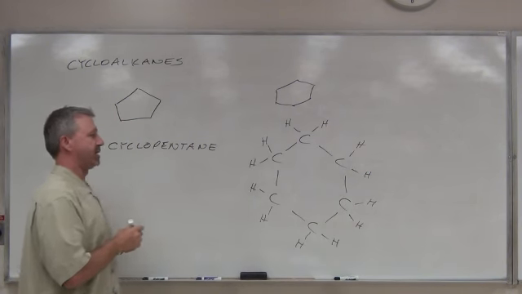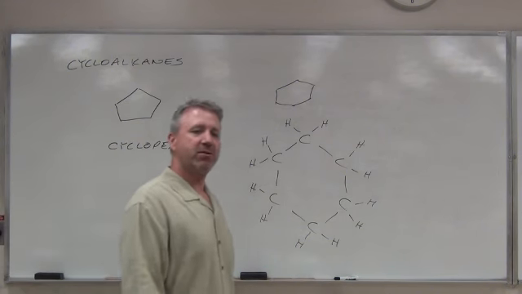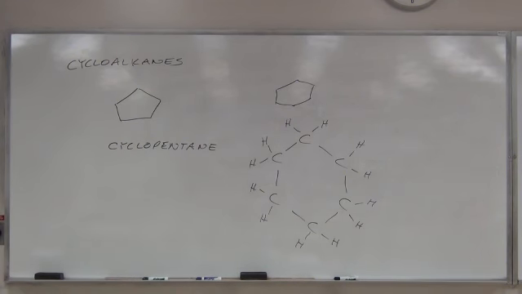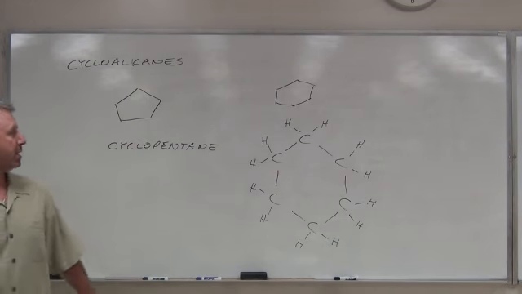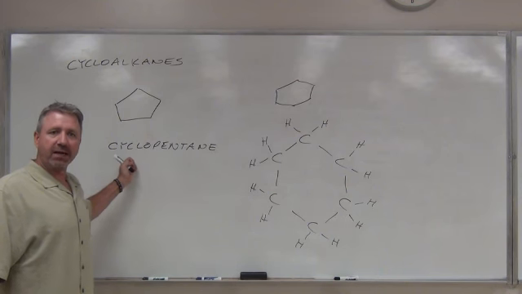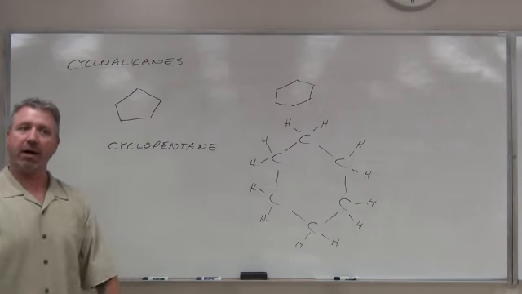That's what cyclohexane would look like in an expanded structure. You rarely draw that. Too tedious, takes too much time. When you see a ring, a geometric formula, put the prefix cyclo in front of the normal alkane name, and you got your alkanes.